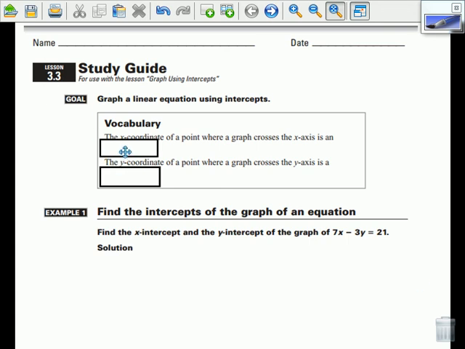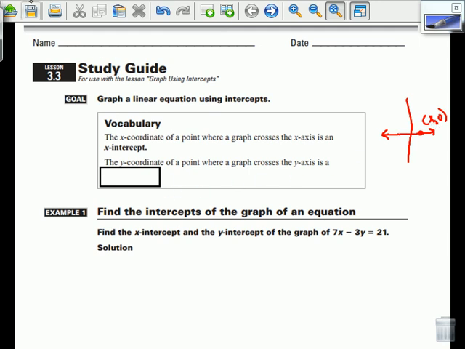So the first vocabulary definition says the x-coordinate of a point where a graph crosses the x-axis is called the x-intercept. If I just draw a little sketch over here, where it crosses the x-axis, that's going to be x comma 0. That is the x-intercept.